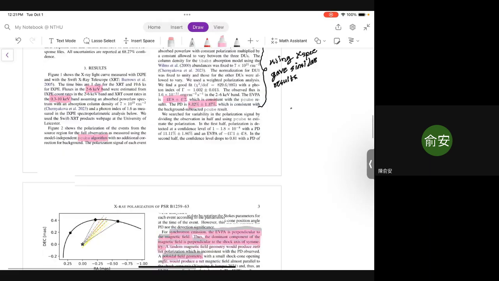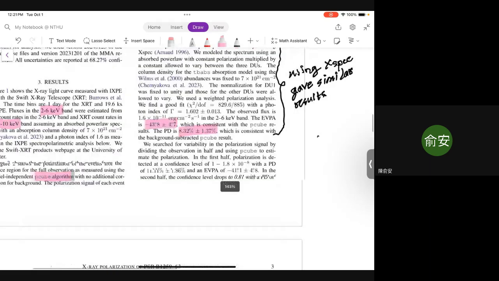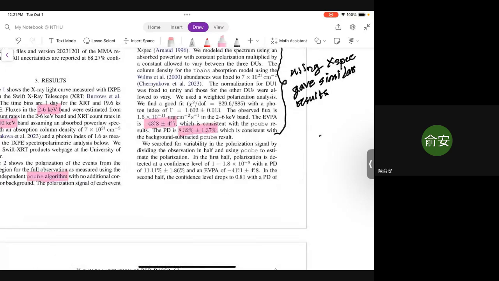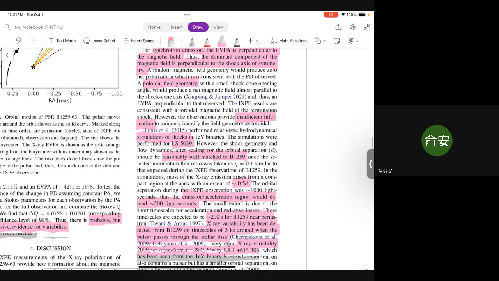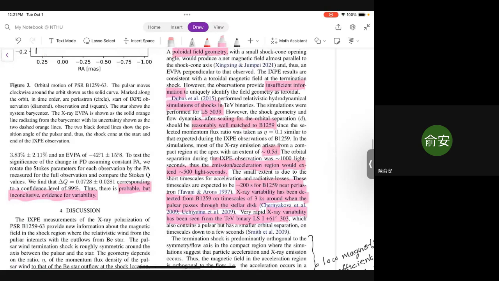They take the observation first half and the second half and see how it varies. There is a variation, like 11% of light was polarized and the polarization angle is different. And here it is 3 and 42 in the second half.